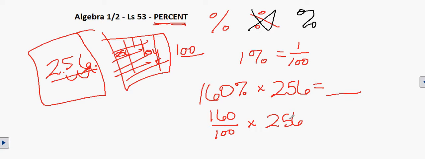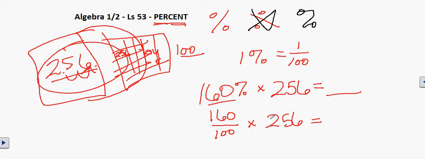It's going to be bigger than 256 because it's 160%, not just the full 100%. So 256 was 100%. Now we're kind of adding on an extra 60%. But now we're finding out what is this all together worth. So you multiply the top and you put it over 100.